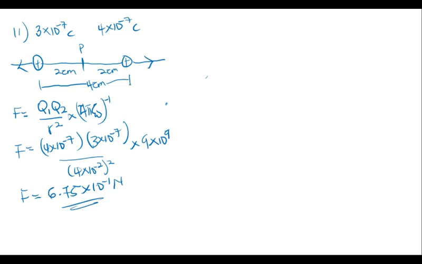Now let's tackle the midway aspect of this. I'm going to say this is E1 and this is E2, like we did for the first one. The E1 over here will be Q1 over R squared multiplied by 4 pi E naught inverse.